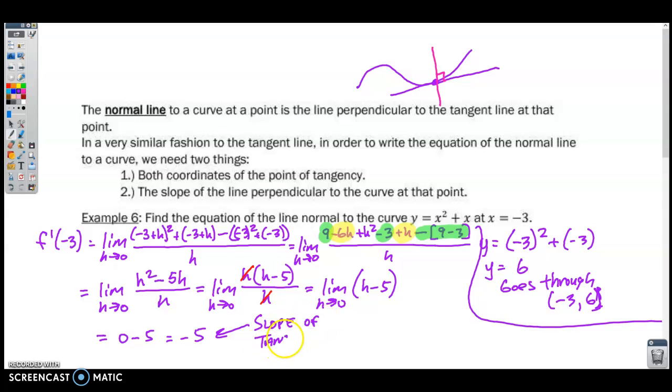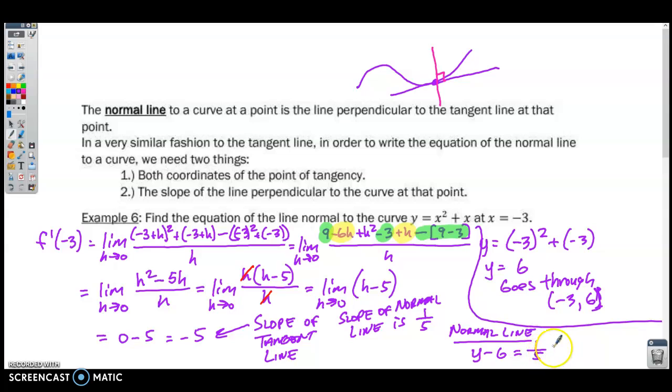And since that's the slope of the tangent line, the slope of the normal line is the opposite reciprocal. So the slope of the normal line is 1/5. And so our normal line is going to be y minus 6 is equal to 1/5 times the quantity x minus negative 3, or x plus 3.